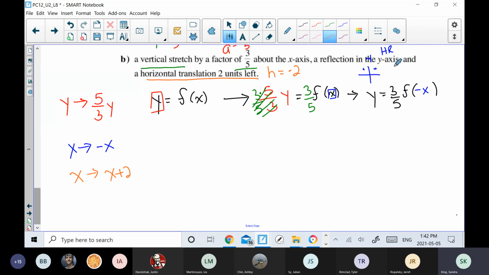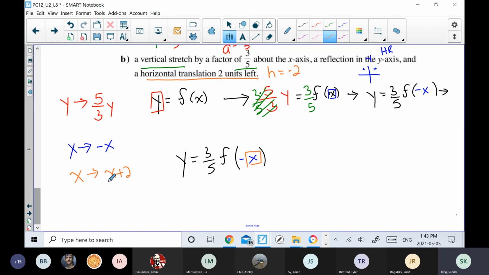Because I'm running a bit out of room, I'm going to rewrite this so that we could clearly see what's happening. Y is equal to 3/5 f of negative x. So what's happening is this x is coming out and an x plus 2 is going in its spot.